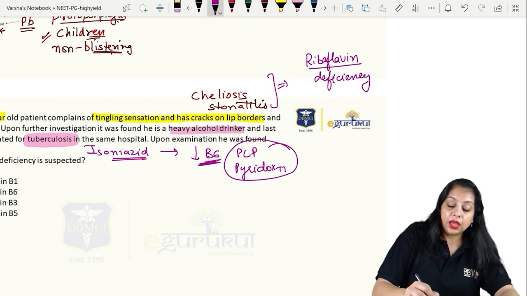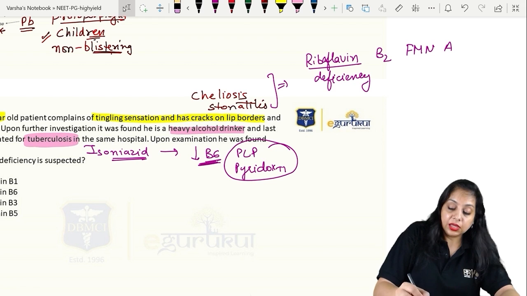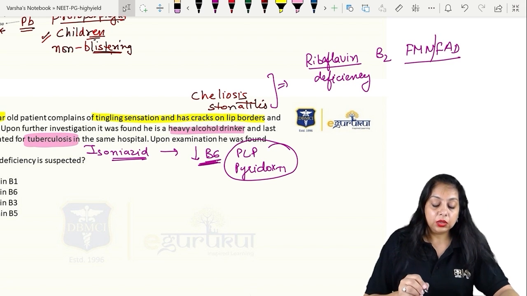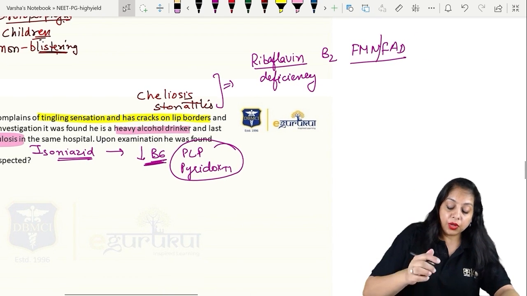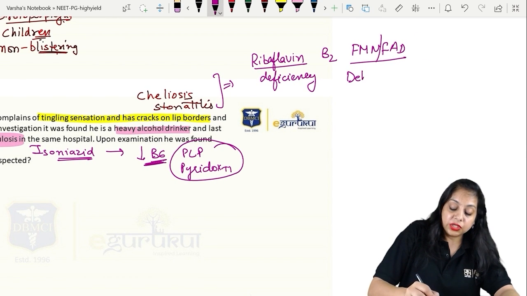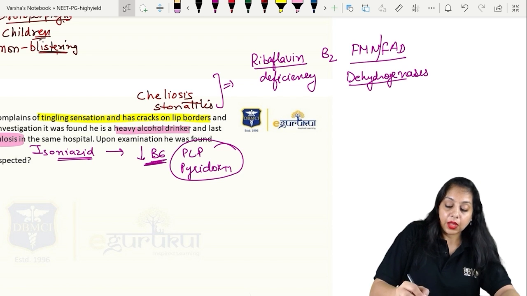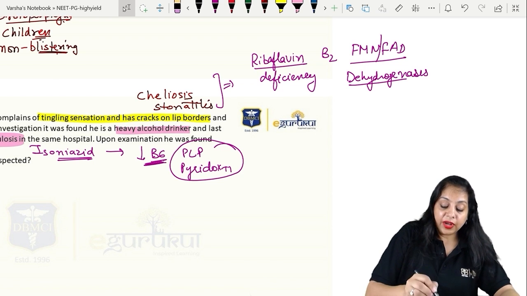Riboflavin is your B2, right? Coenzyme forms are FMN and FAD. These are the two coenzyme forms, and they work with most of the dehydrogenases. And what else do you see?